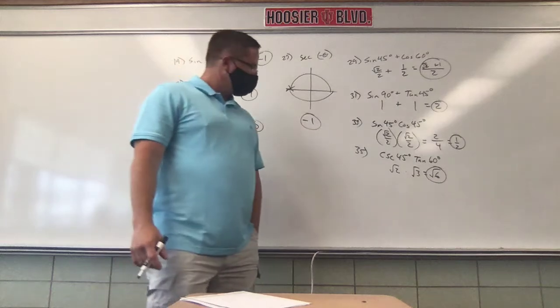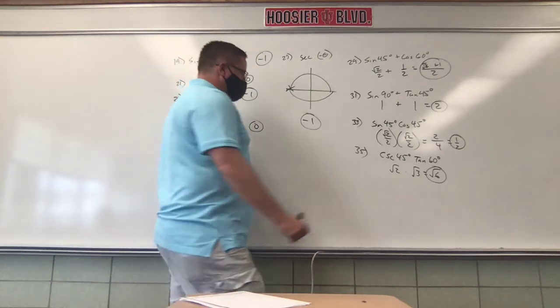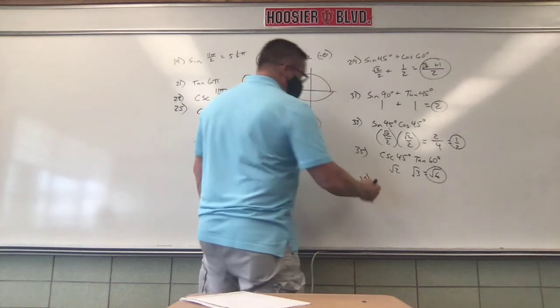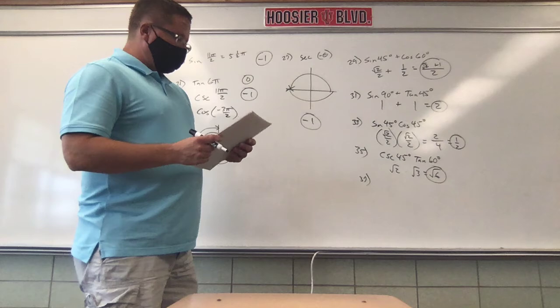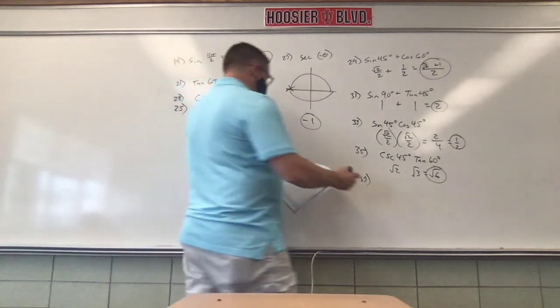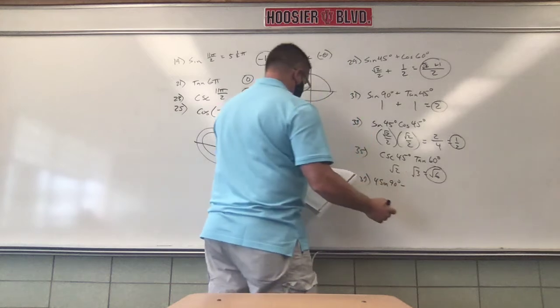One more, 37. I'm going to shut my mouth and have you guys try number 37, and we'll go over the answer, and then we'll do our homework. So 4 sine 90 minus 3 tangent of 180.